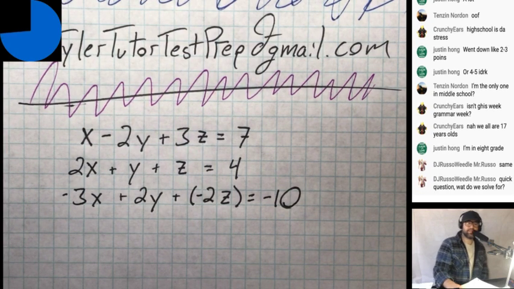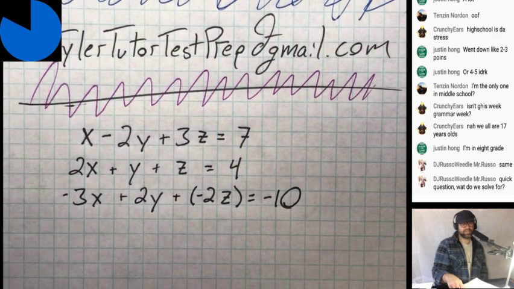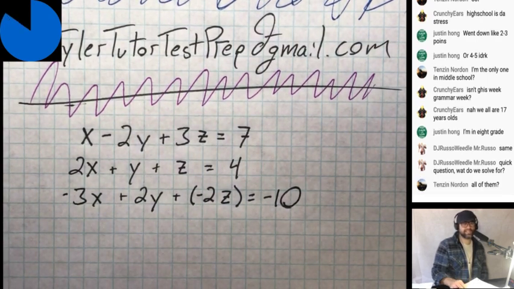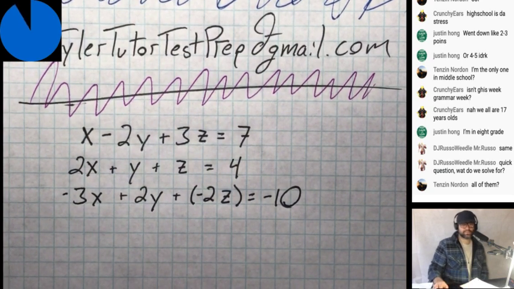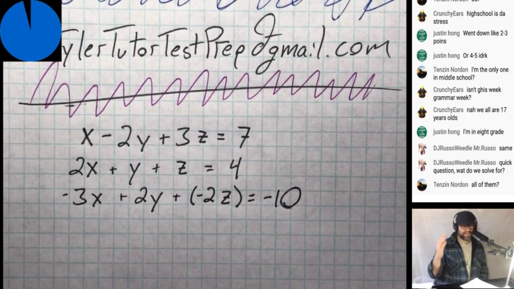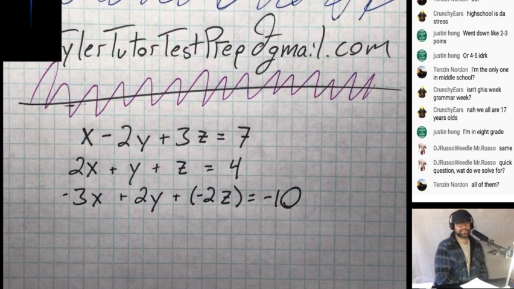So that's a good question. On this question, I want you to solve for X, Y, and Z. I want to know what each is, yeah, exactly, Tenzin. That's 1.5 minutes. And if you're going as fast as possible, this problem probably takes like 2 minutes.